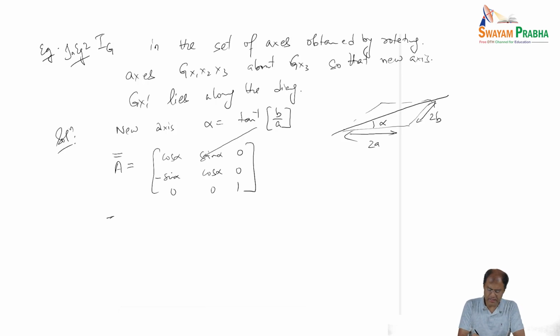And we see that Ig prime, our transformed matrix, comes out to be A transpose Ig A, where Ig is the moment of inertia along the center of mass, around the point G.